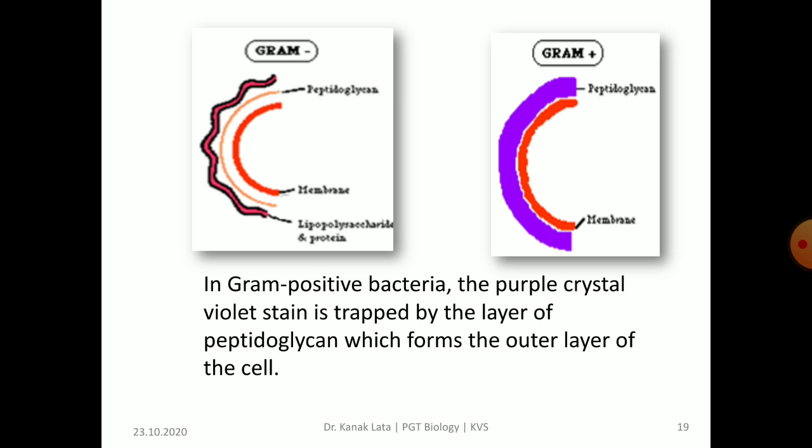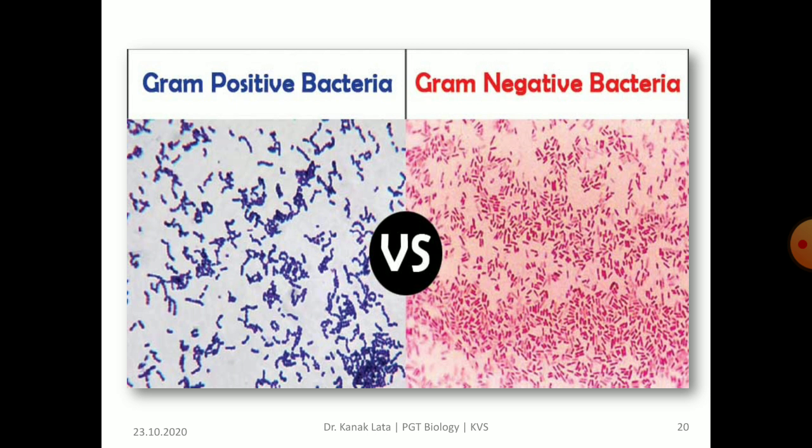In this figure you may observe that in gram positive bacteria the purple crystal violet stain is trapped by the layer of peptidoglycan, which forms the outer layer of the cell. This is the microscopic view of gram positive and gram negative bacteria.